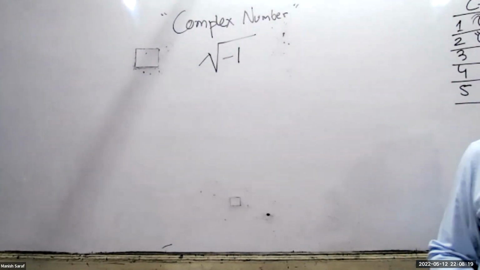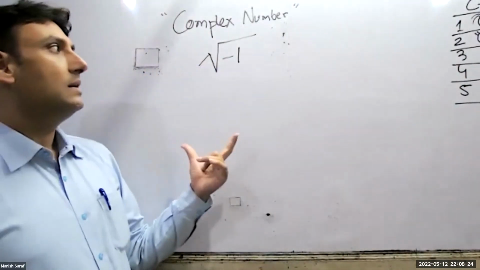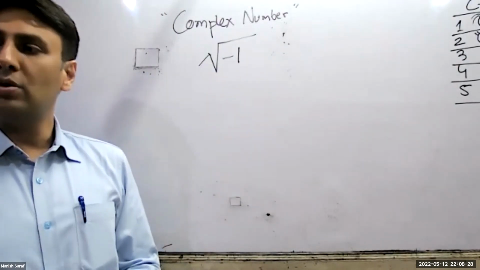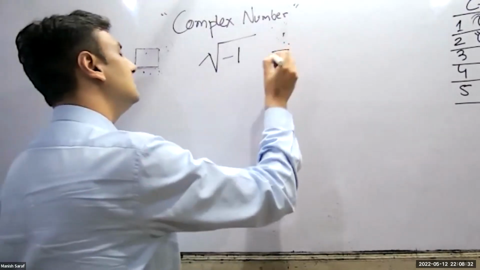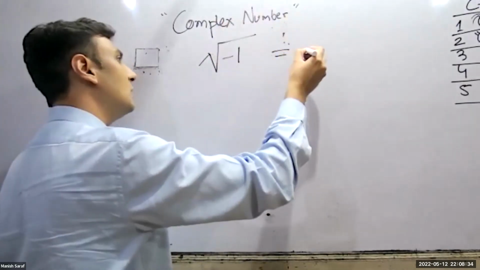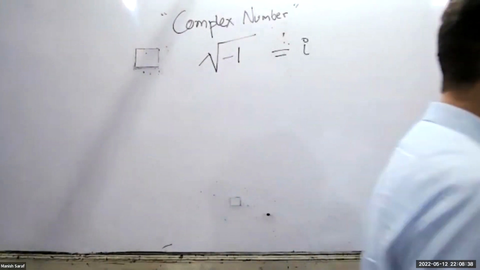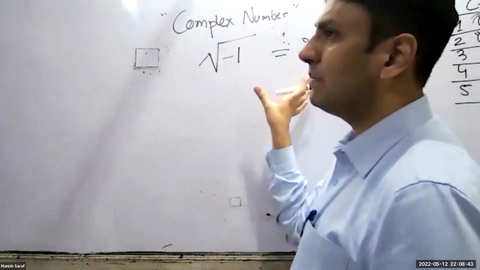Real numbers is called. But then these mathematical scientists said, what if we have to find square root of a negative number? They said, let's say that square root of -1 is i. उन्होंने उसका नाम दे दिया i. And they said, let's say this is the complex number that we have.